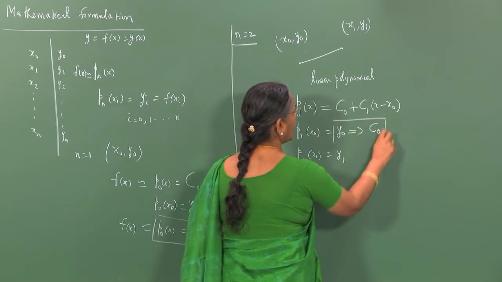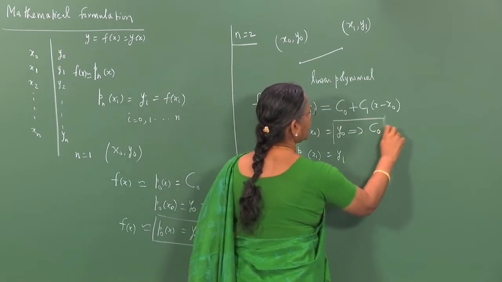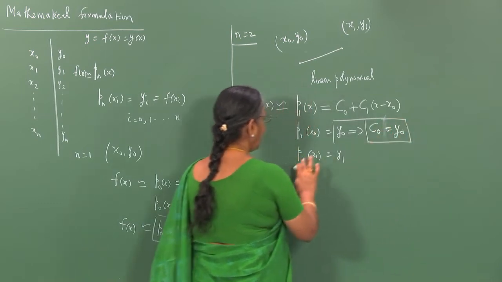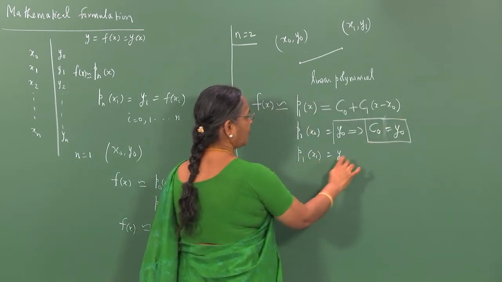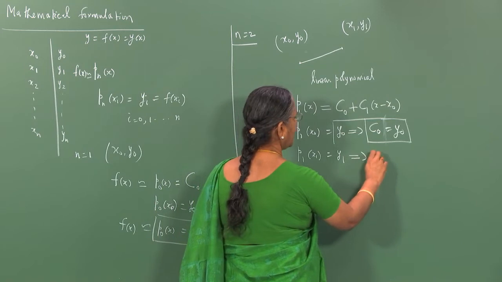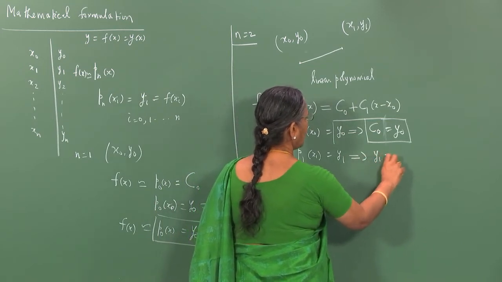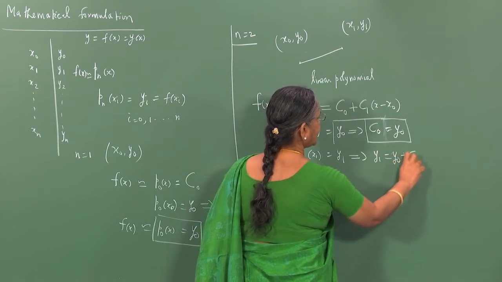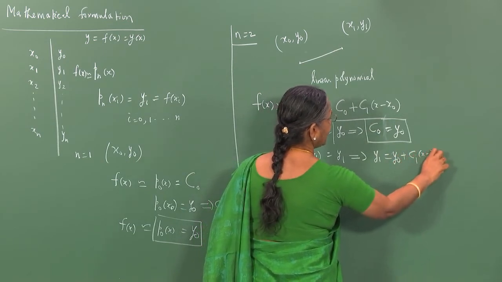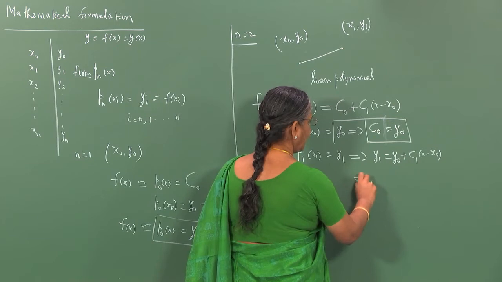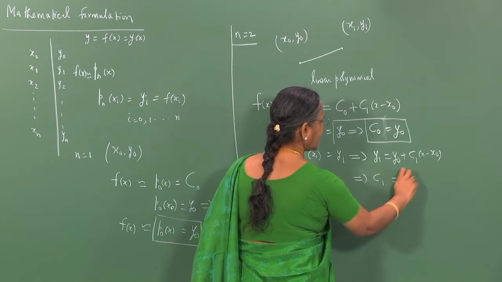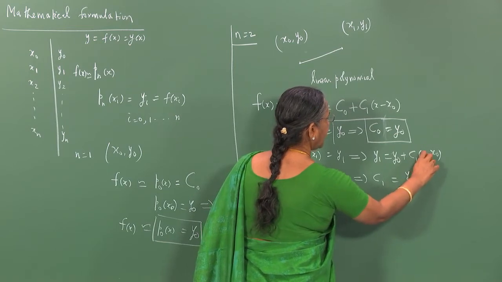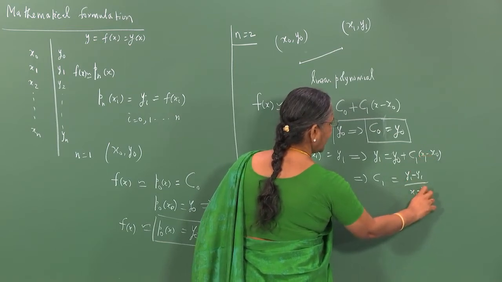So, c0 is y0, and if the condition p1 of x1 is equal to y1 should be satisfied, then it means that y1 is equal to c0, that is y0, plus c1 into x1 minus x0. So, that immediately gives us the constant c1 to be y1 minus y0 by x1 minus x0.